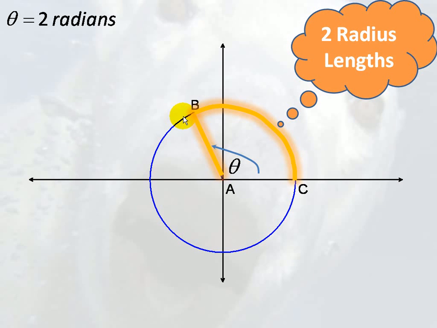So we get an angle theta, and because this is 2 radius lengths, the angle that subtends it would be 2 radians. So we would say that theta in this case is 2 radians because it subtends a 2 radius length arc.